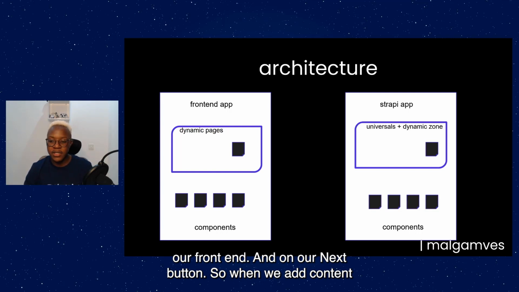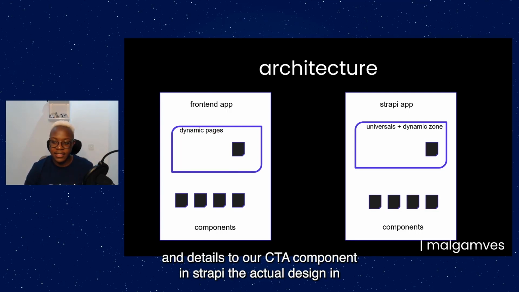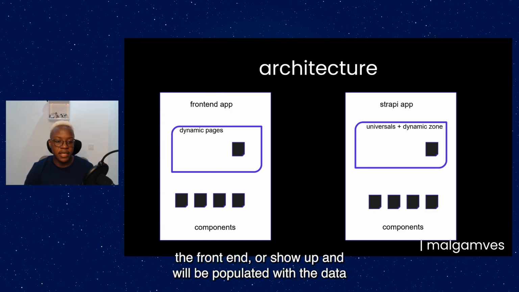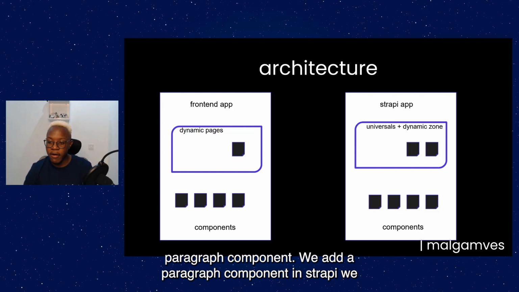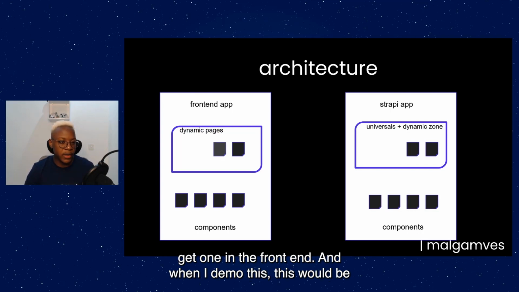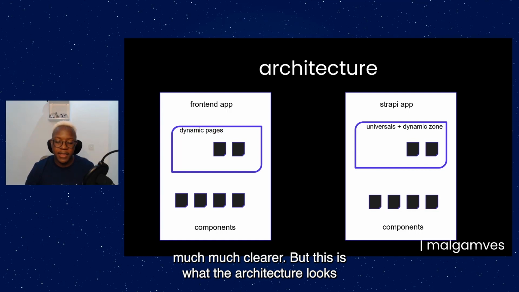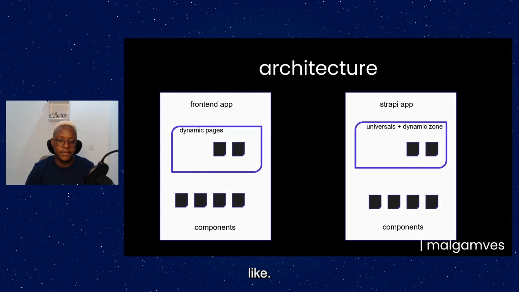So when we add content and details to our CTA component in Strapi, the actual design in the front end will show up and will be populated with the data that we put into Strapi. We can do the same thing for a paragraph component. We add a paragraph component in Strapi, we get one in the front end. And when I demo this, this will be much clearer. But this is what the architecture looks like.